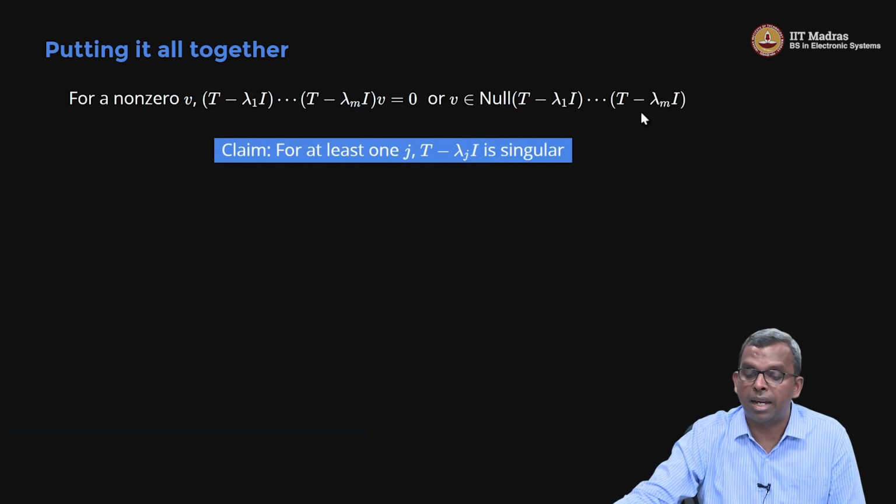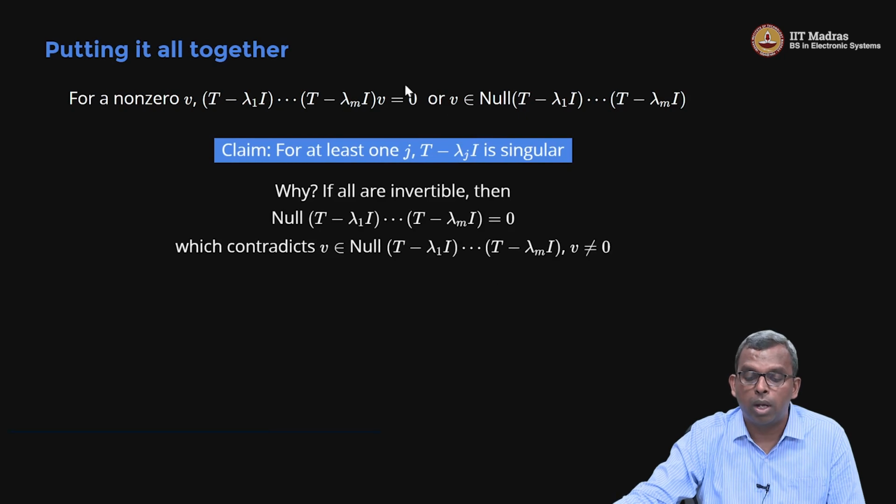One of these lambda's has to give me a singular operator when I do T minus lambda j I, because the null space has a non-zero vector. Why? Because if all of them are invertible, then the null space of the product will be 0. It will not have a non-zero vector. This contradicts the v, so at least one of them has to be singular.